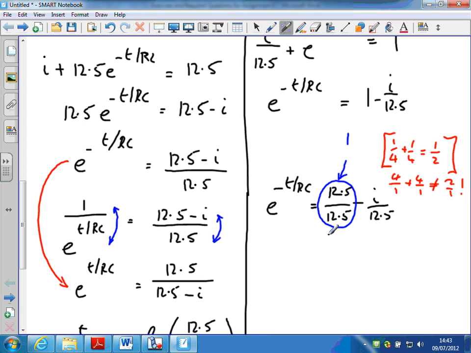They're both 12.5. Now I can combine these two fractions and we get e to the minus t over RC equals 12.5 minus I over 12.5. And then we find we're at the same as we were here. So now I can invert the fractions and I'll get the same answer as before.